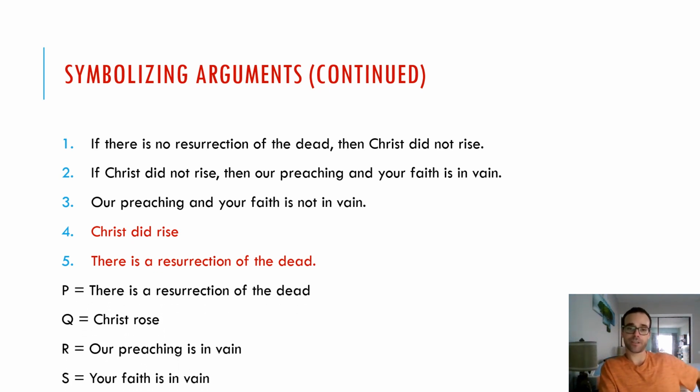There is a resurrection of the dead, Christ rose, our preaching is in vain, and your faith is in vain. And now using these 4 variables, we will rewrite the argument. We are simply just placing in the letters for that simple proposition and then adding the connectives in order to create those complex propositions. So here, our argument in symbolic form will look like this.